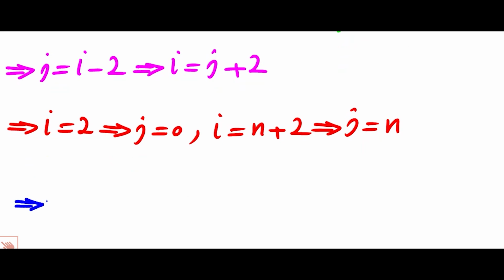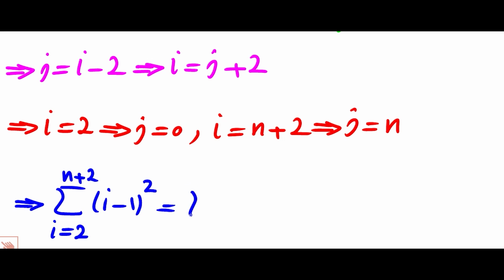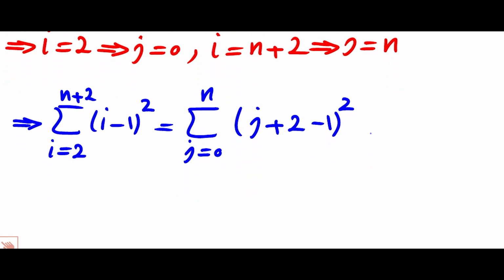So the sum of (i minus 1) whole squared from i equals 2 to n plus 2 becomes the sum from j equals 0 to n. When i equals j plus 2, we have (j plus 2 minus 1) whole squared, right?